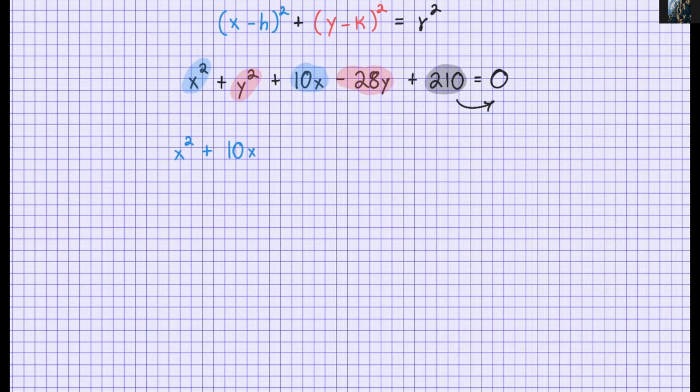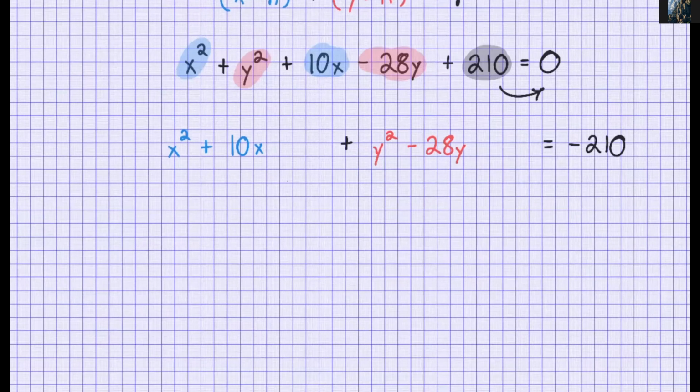I am going to leave a little space in there. Plus y squared minus 28y. Again, I'm going to leave a little space, and this will be equal to negative 210. I'm leaving this little space in here to complete our trinomial.